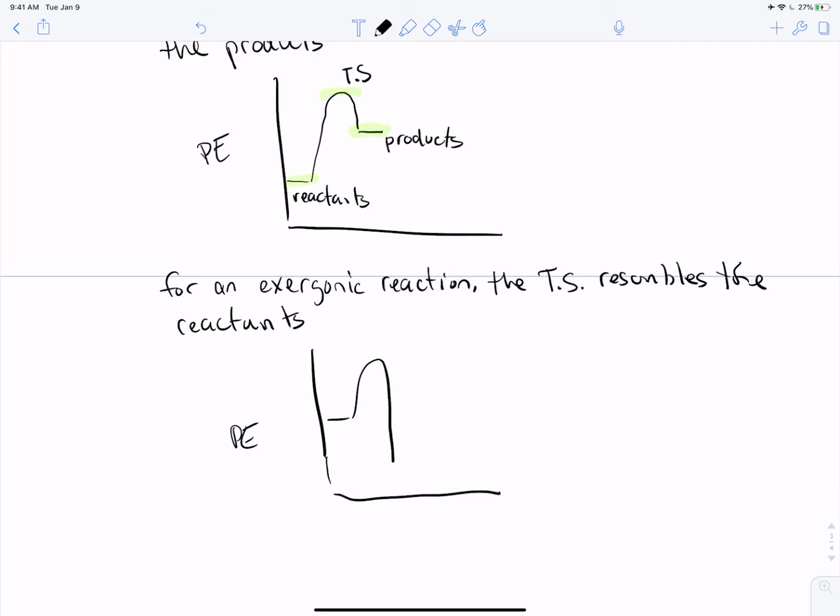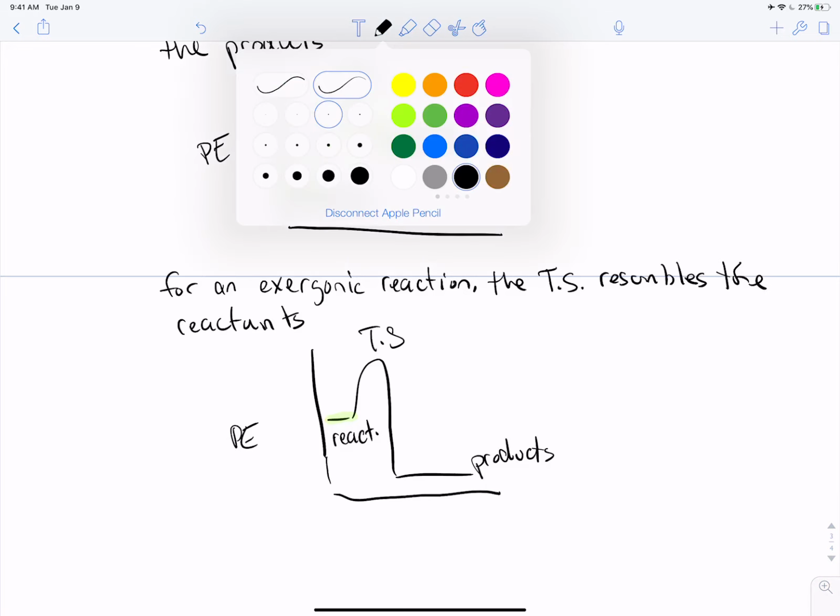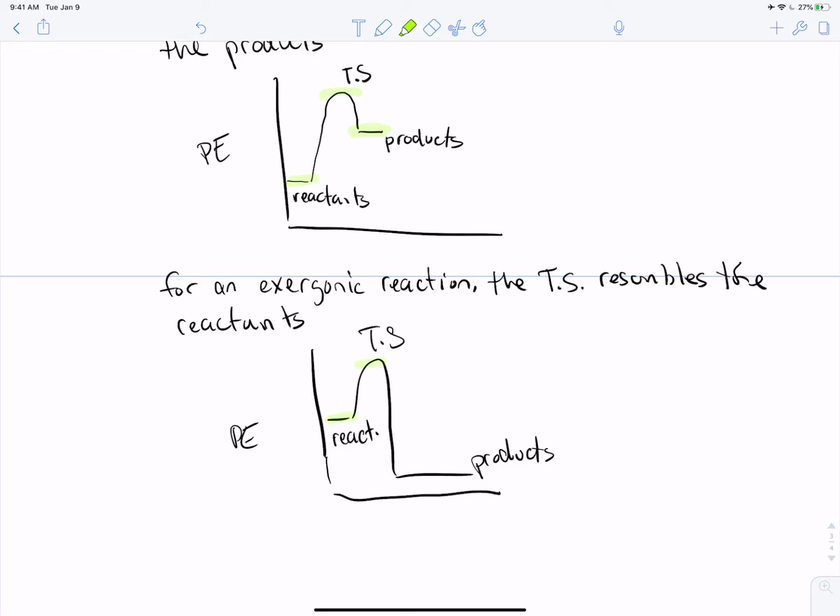Now I'm looking at reactants and products, and I see that the reactants are closer to the transition state in potential energy than they are to the products. So this distance is much greater than this distance.